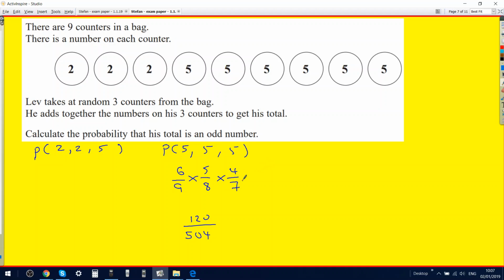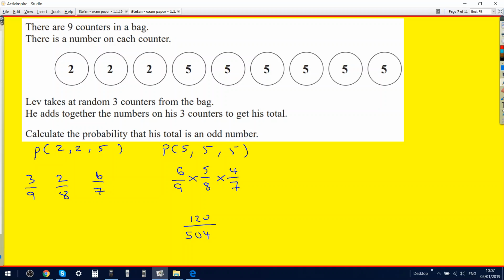And then do I do the same thing for 2, 2, 5 now? Yeah. Alright, so the probability of getting a 2 is 3/9. Yeah. And then 2/8. And then 1/7. Oh, sorry, that's a 5. That's a 5. Oh yeah. And then 6/7.